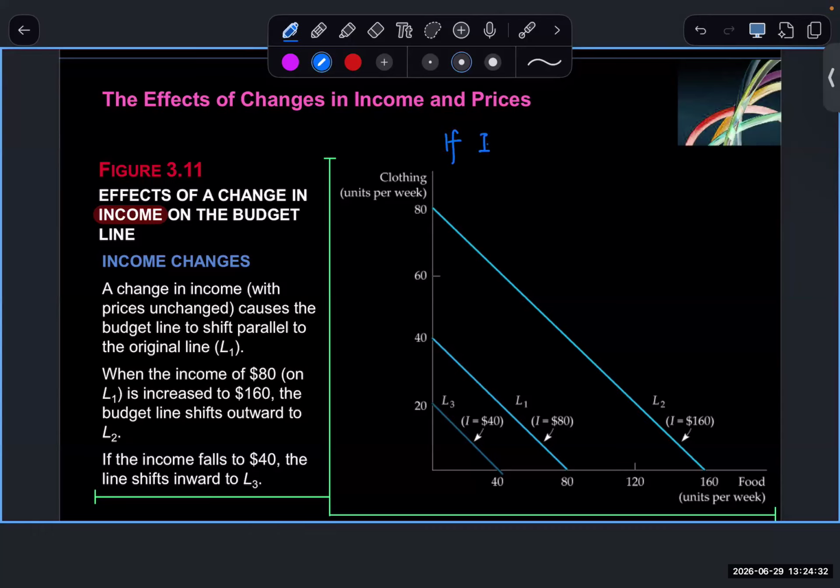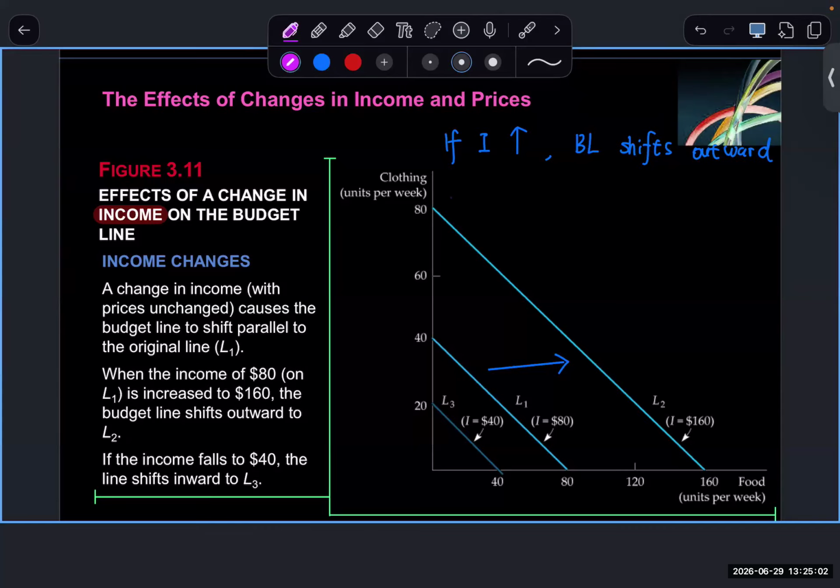So I use I to represent income. If I increased, the budget line shifts what? Outwards. Just like the graph shows you from L1 to L2, right? At L1, the income is 80. At L2, the income is 160.